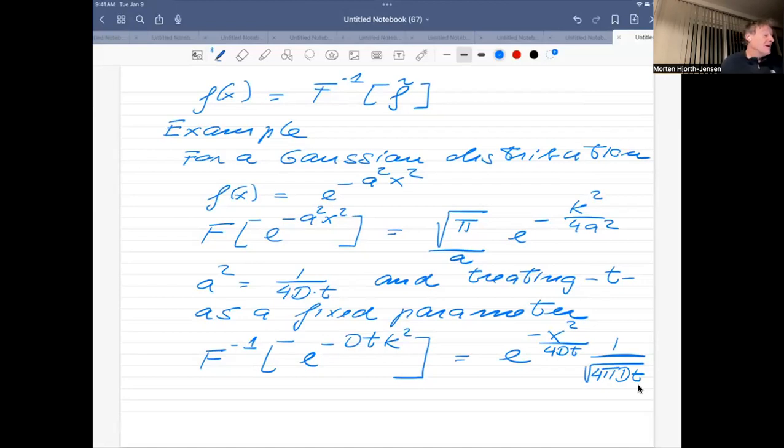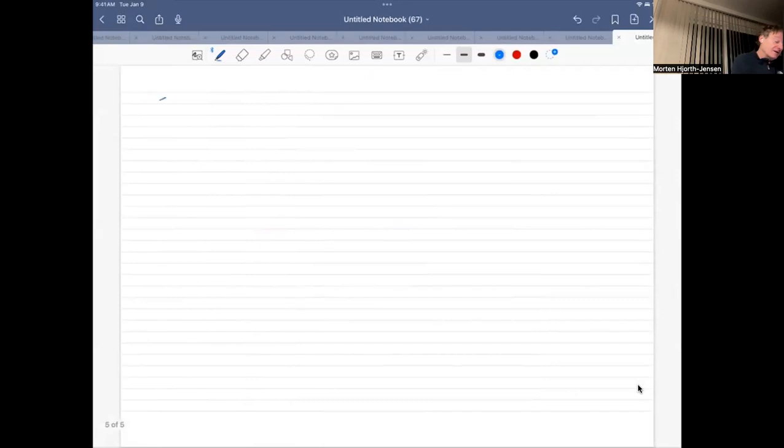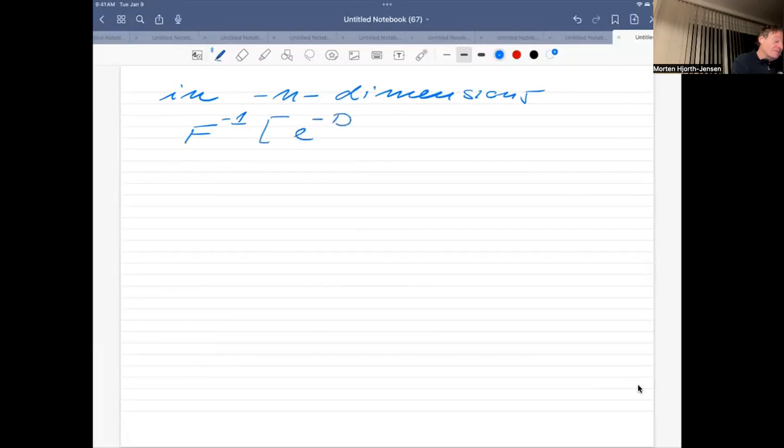So if I then do this in more dimensions, if I take the same expression and generalize it to n dimensions, then this expression takes the following form. I have the inverse Fourier transform of e to the minus D, the absolute value of k to the power of 2 times t.